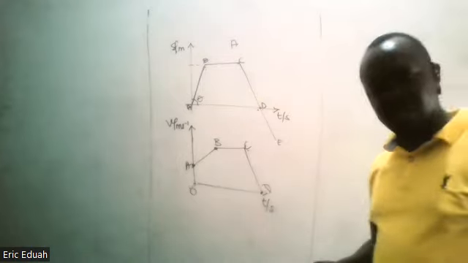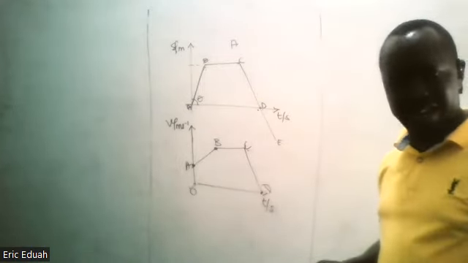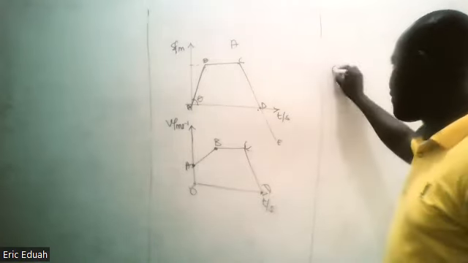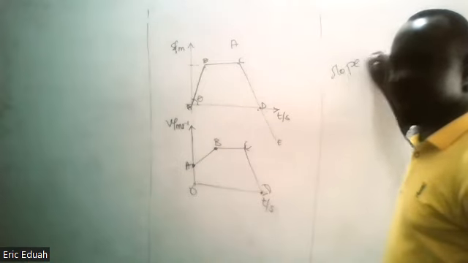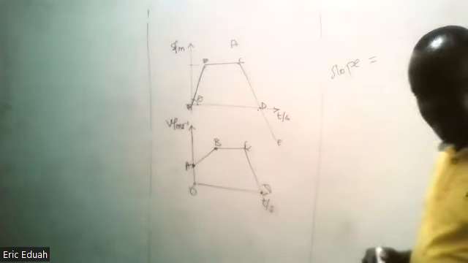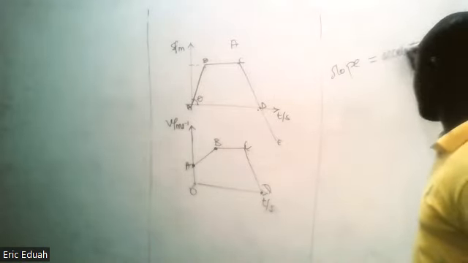Whenever you determine a slope under a velocity time graph, the slope is equal to the acceleration.